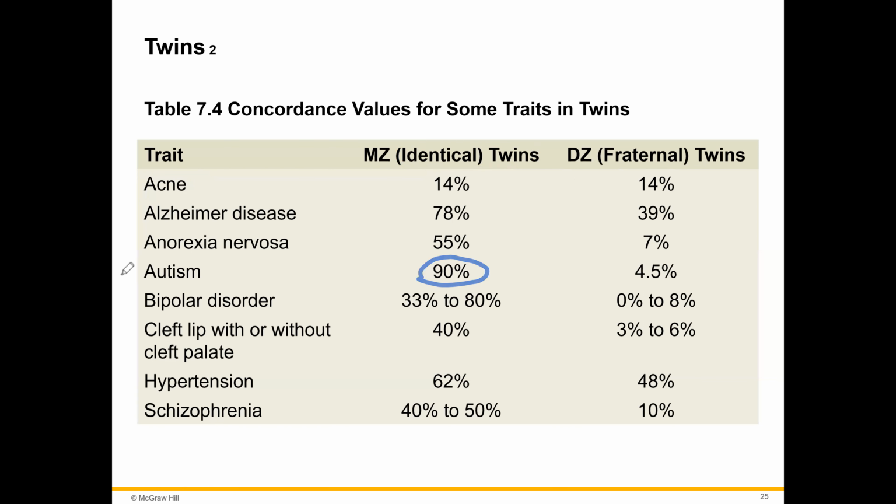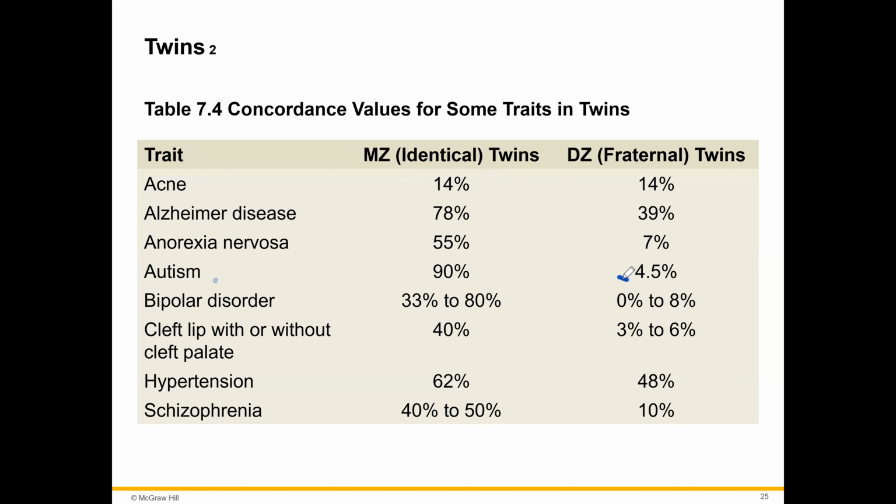So if autism is mostly determined by heredity, so autism is mostly determined by your genes, then identical twins will have higher concordance. So 90% chance that both identical twins will have autism, right?